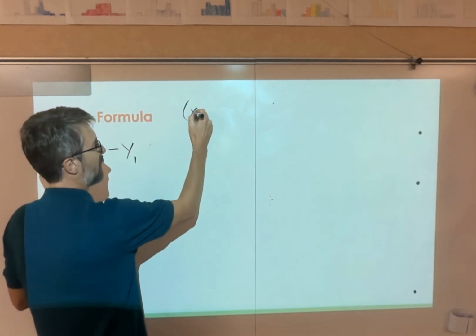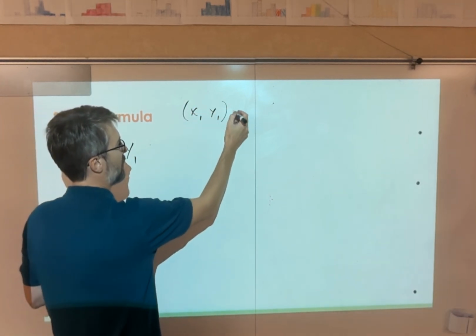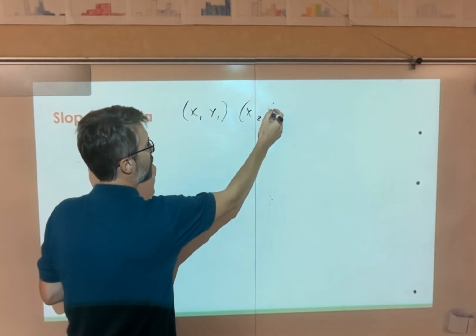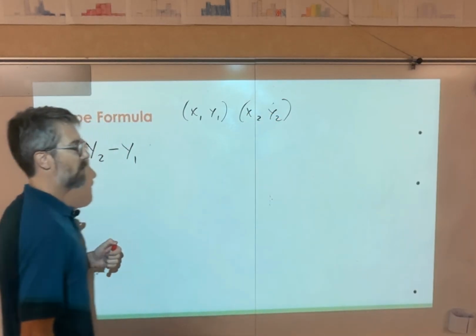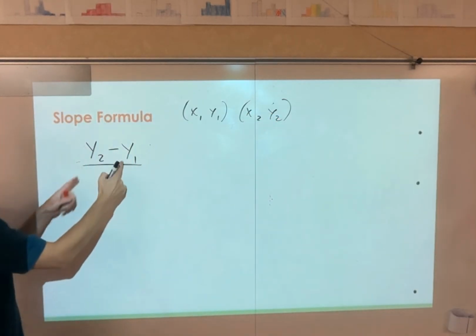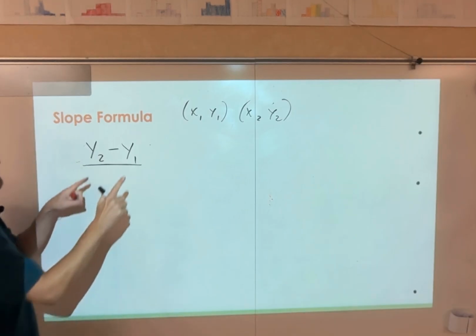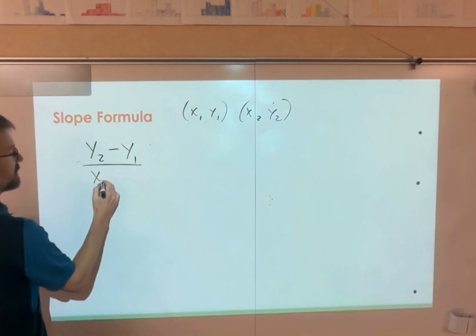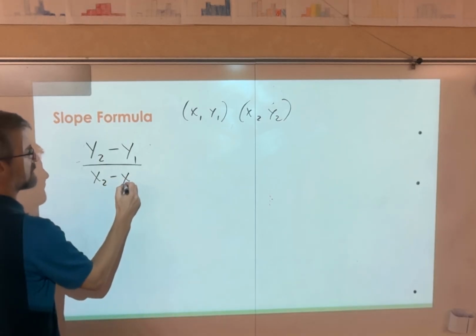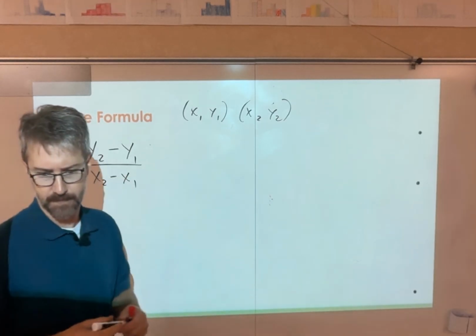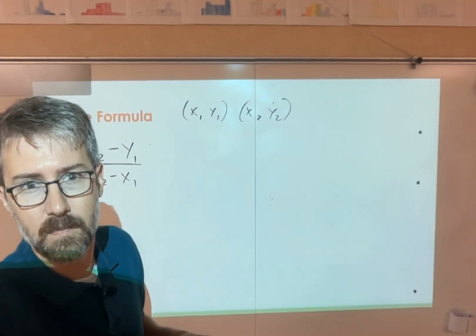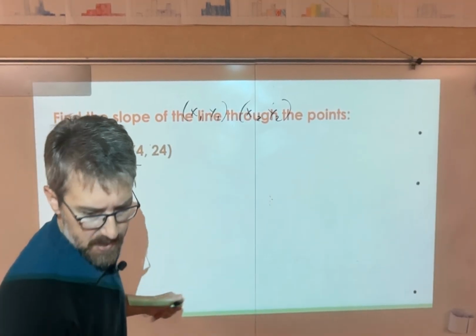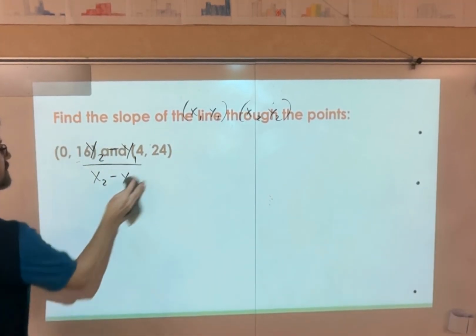If our 2 points are x1, y1, and x2, y2, just like with distance and midpoint, the difference in the y values is your rise. The difference in your x values, that's your horizontal component, that is your run. So x2 minus x1.